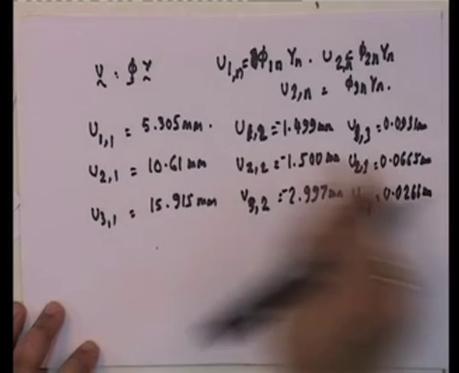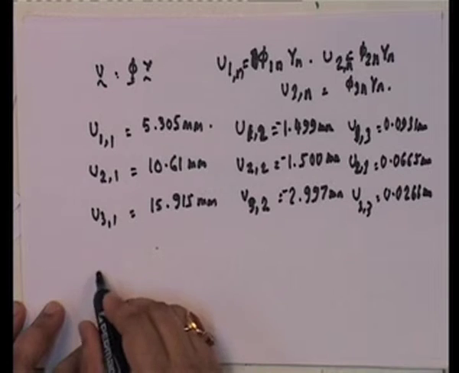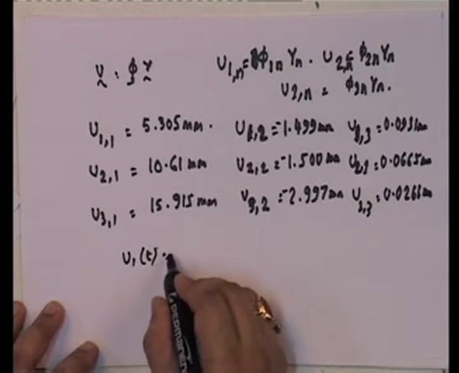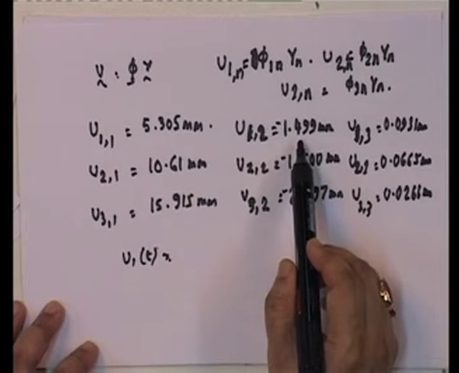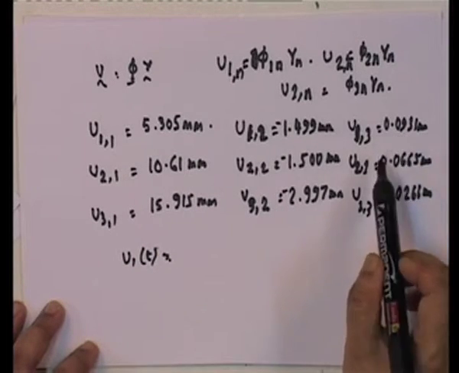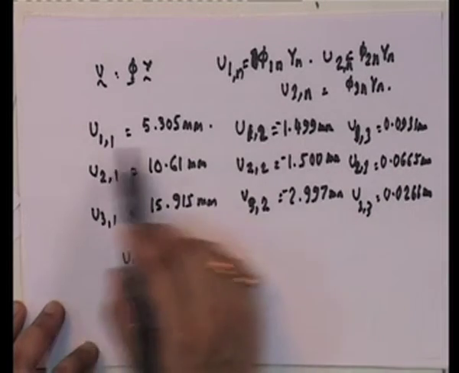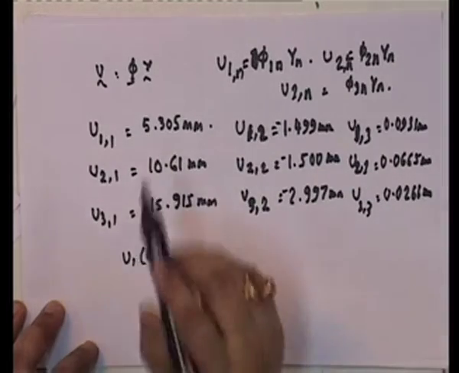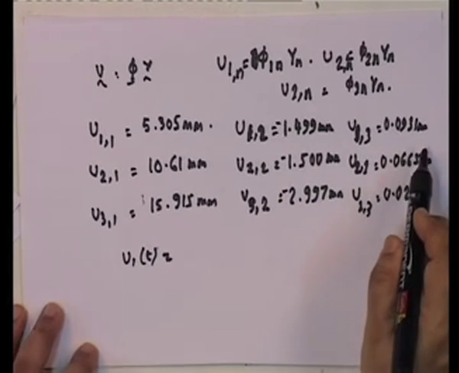Now, all of them are with sin omega bar t. So, if I look at V1 of t, it is going to be equal to this minus this plus this. Okay. So, that is V1. It is summation of all three of them. So, V11, V12, and all of them have sin omega bar t with them.